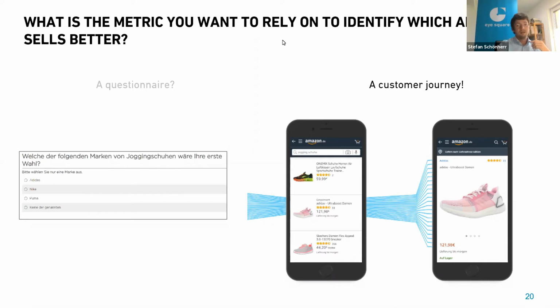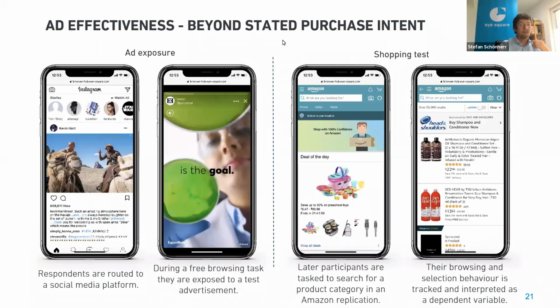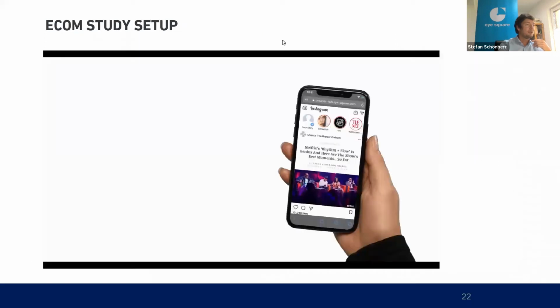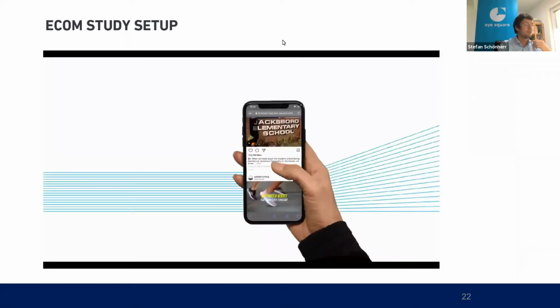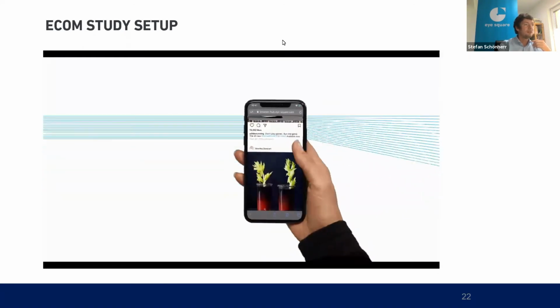So being able to do this, we were thinking, why not combine it? We have our cutting-edge in-context ad exposure tool, and why not combine this with this eCom effect situation? That's just what we did in our study, and that's how it looked. People are invited in the eCom study to browse through a natural environment in a social media context.